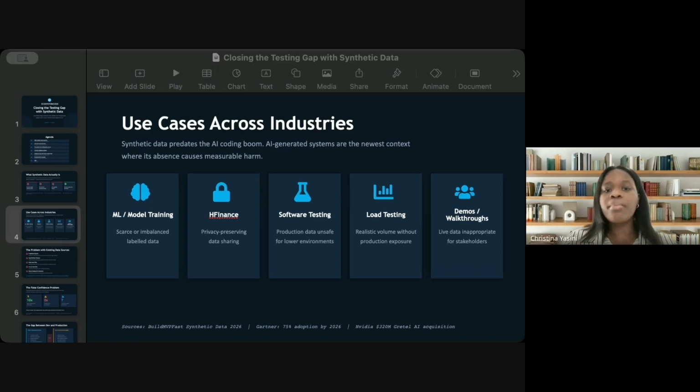The amount of high quality text on the public internet is estimated to be roughly 3 trillion tokens. Frontier labs are consuming that data at a rate that will exhaust the usable sources within a few years. So the next wave of AI capability cannot come from simply scraping the web. There needs to be a different approach that we adopt.